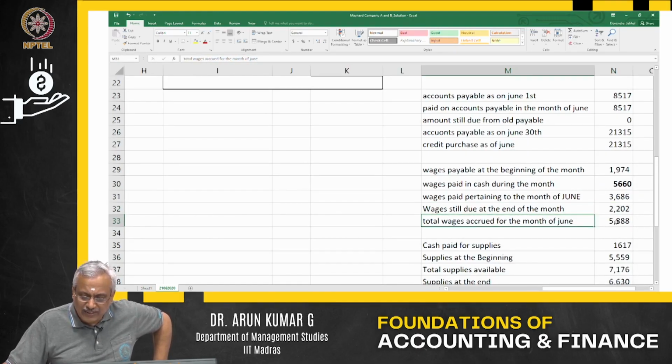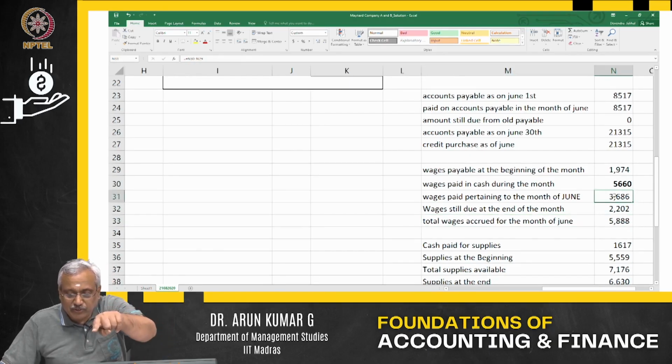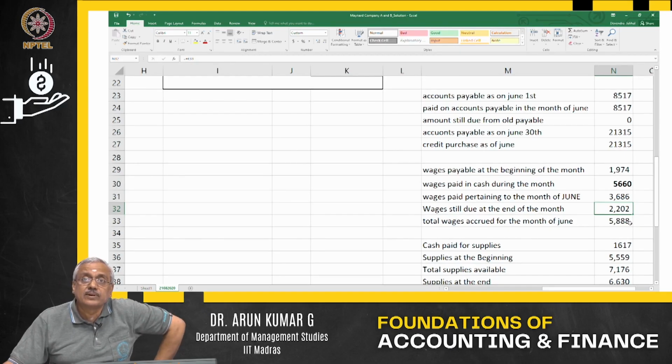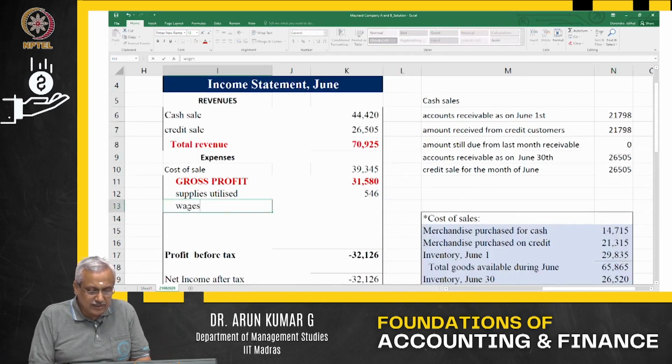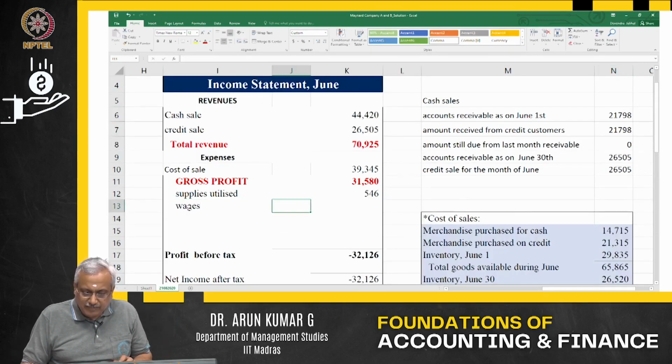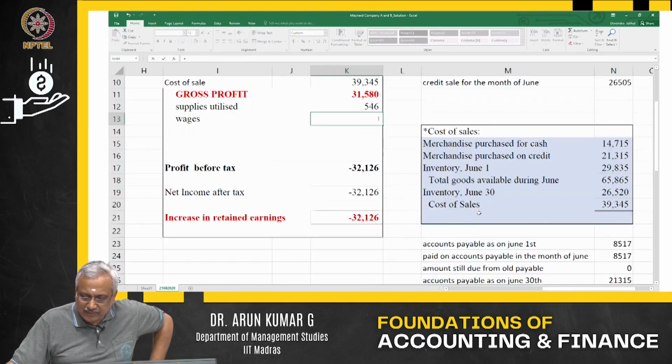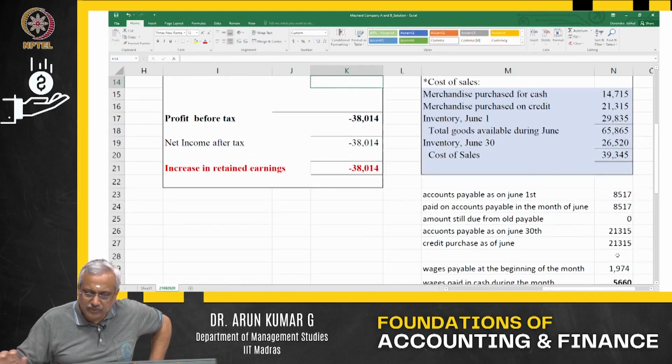So, what is the total wages accrued for the month of June? What is paid pertaining to the month of June plus what is still due, that is what it is. I have just done the calculation out here.